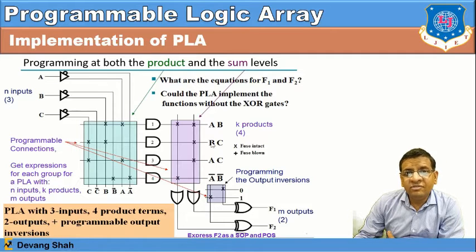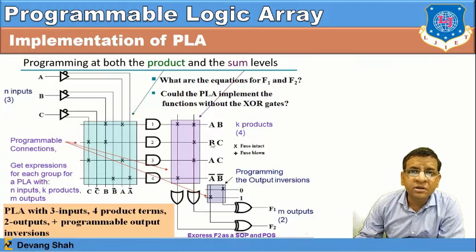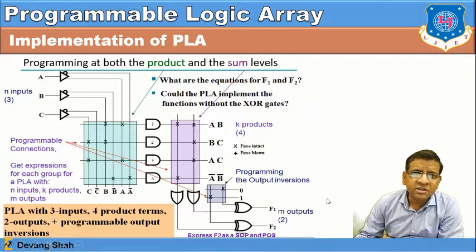Let's say there are two-input Boolean functions, both in the form of min terms, and you consider one as a max term, and at the end you make the inversion of this, it becomes the min term, right? So you can implement many different kinds of logic in these programmable AND planes as well as the OR planes. This is one of the added advantages of a PLA system.